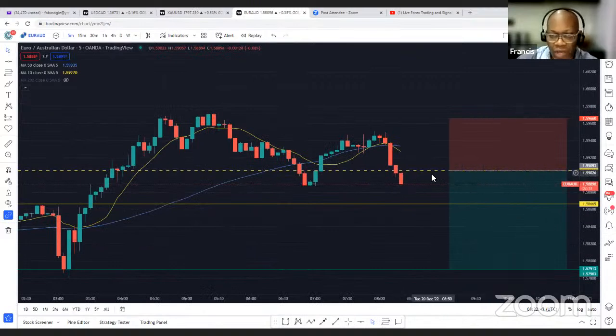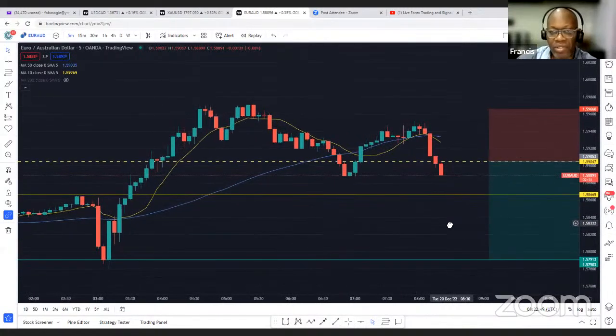So around about here is where I'll be looking to enter. Let's just wait for this candle to close and see what happens.